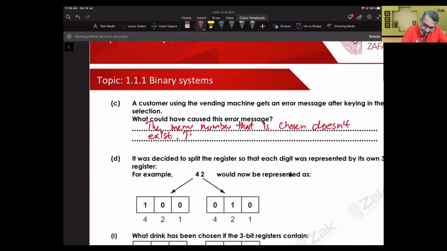That's why the system has generated an error. Get the idea? So the menu number that is chosen does not exist. That's why the system has generated an error.